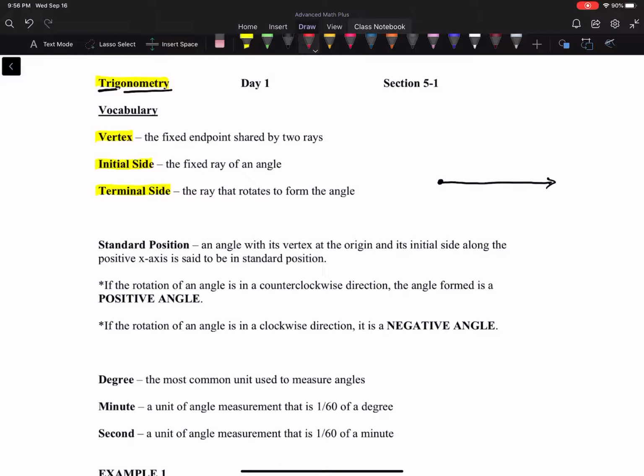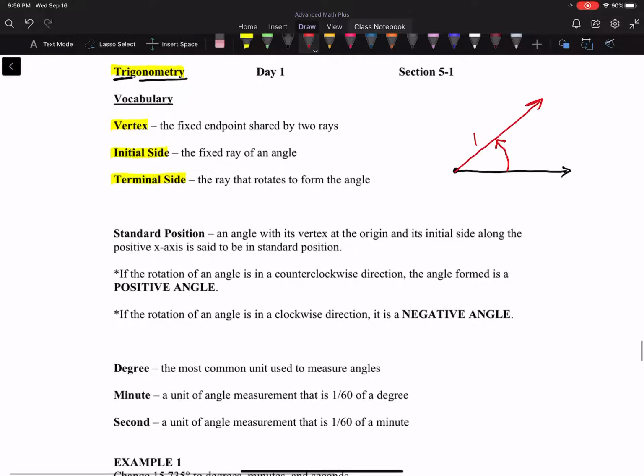And then the terminal side is where the other angle stops. So if it was going there, it stops there. So this would be the terminal side. This is the initial side. And of course that is your vertex right there where the two rays meet.